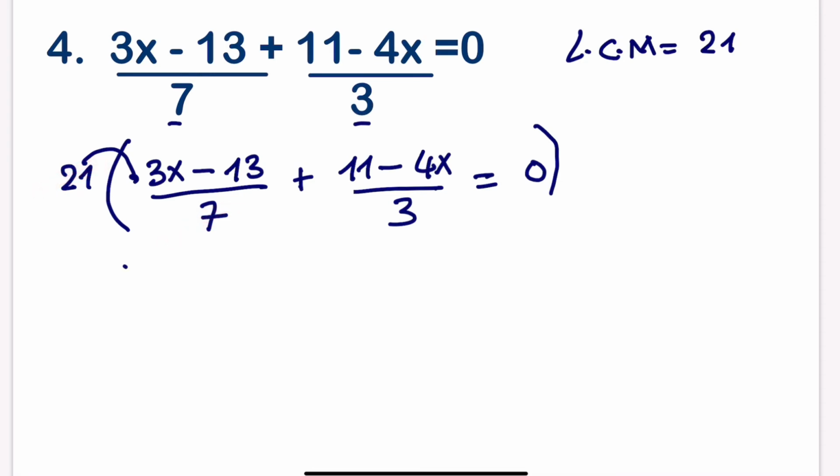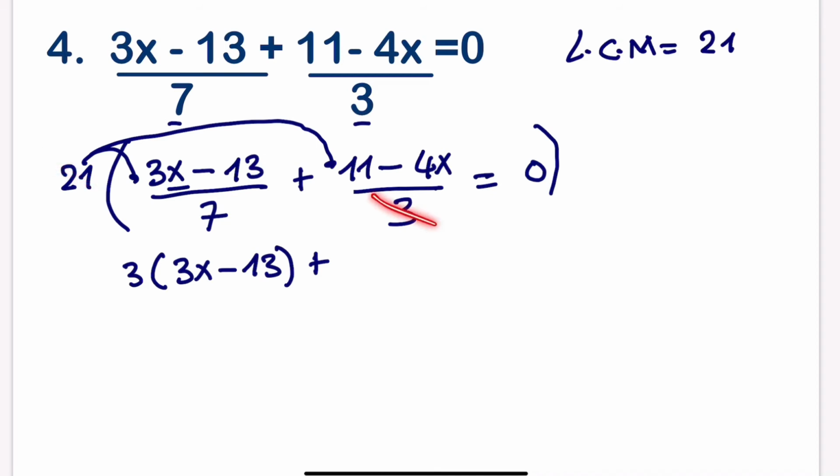So we are going to have 3 bracket 3x minus 13, plus, we do the same for this term, 21 times this. 21 and 3 will cancel. 21 divided by 3 is 7.